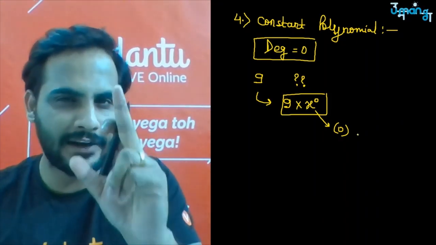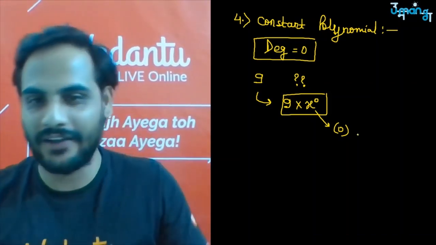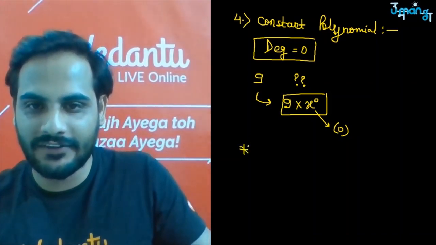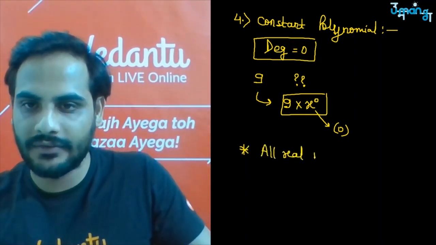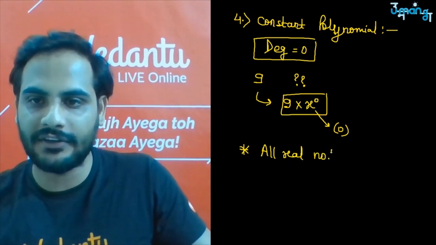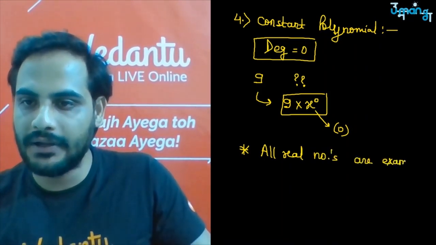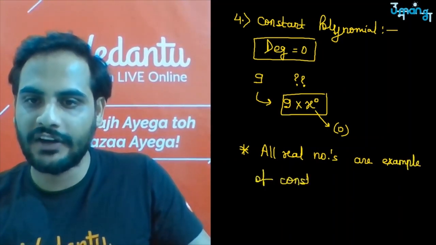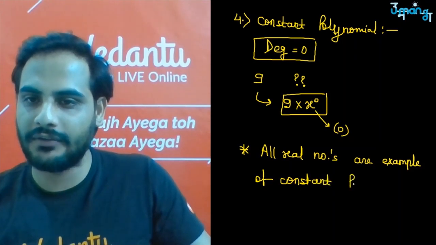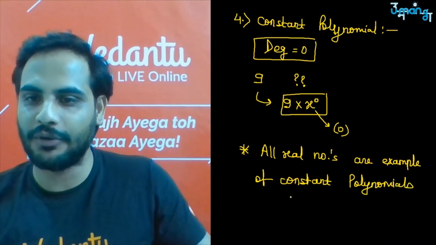But there is one small trick. For example, let us say I first give you the statement that all real numbers, real meaning rational and irrational, are examples of constant polynomials.